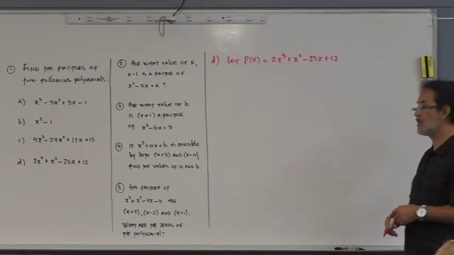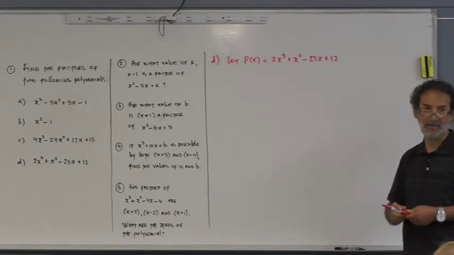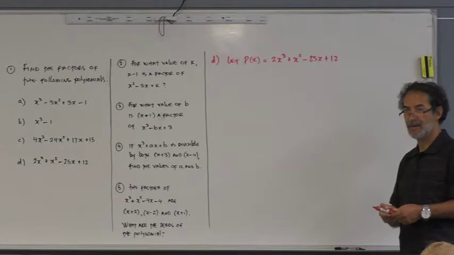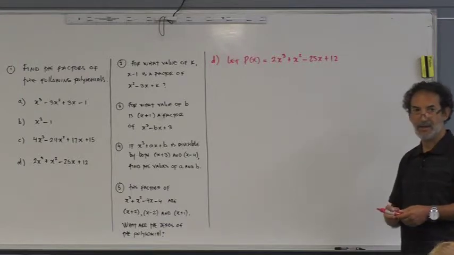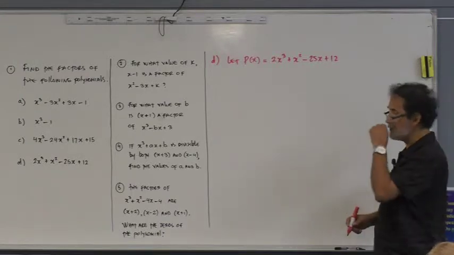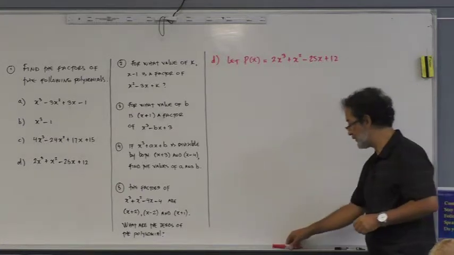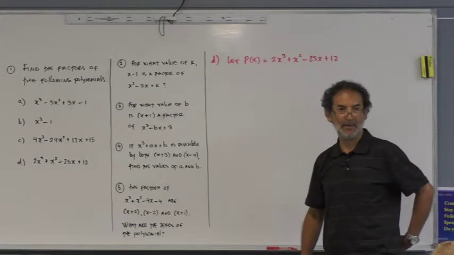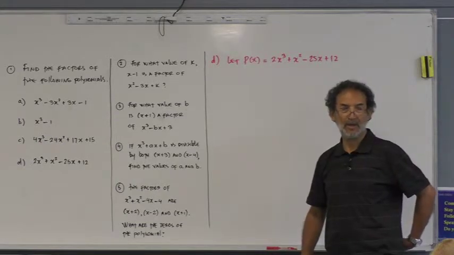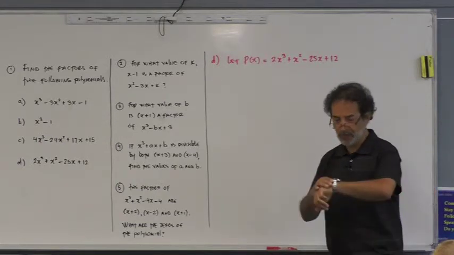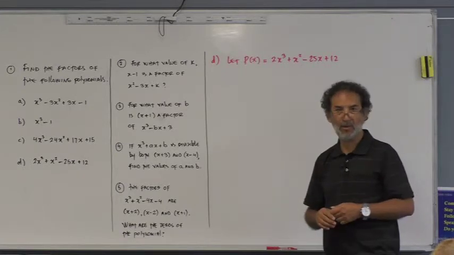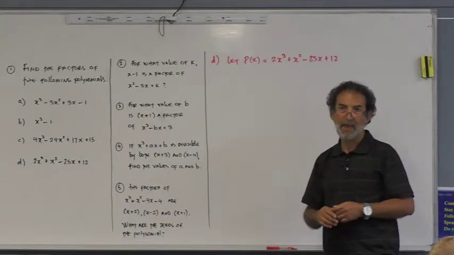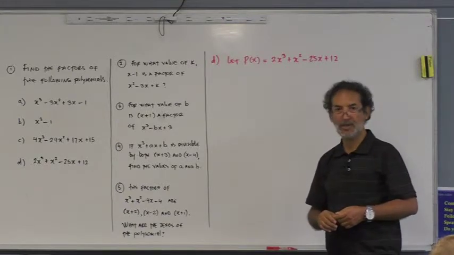At the end, I want the full answer. I'm going to give you a few minutes. In the meantime, I'm going to just pause the video, and then we'll continue.